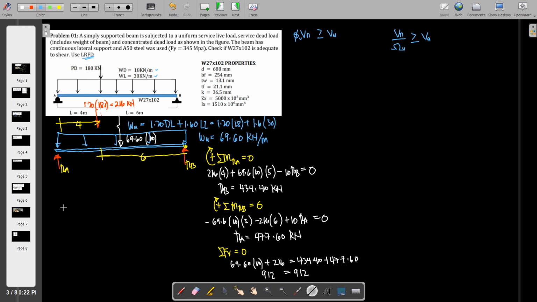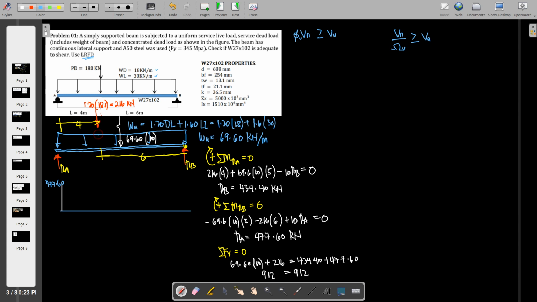Let us have our shear diagram. First, we have an upward RA equal to 477.6, and then the distributed load.